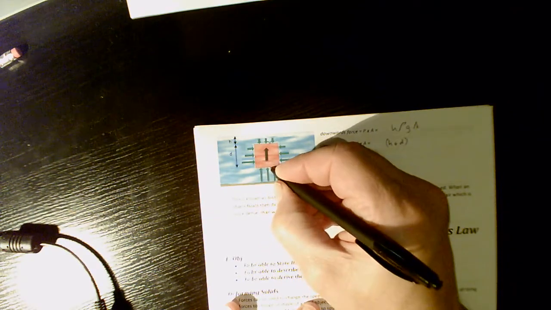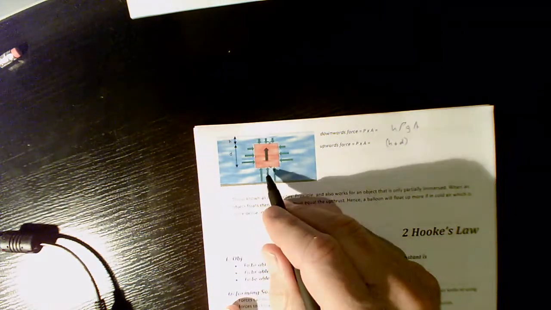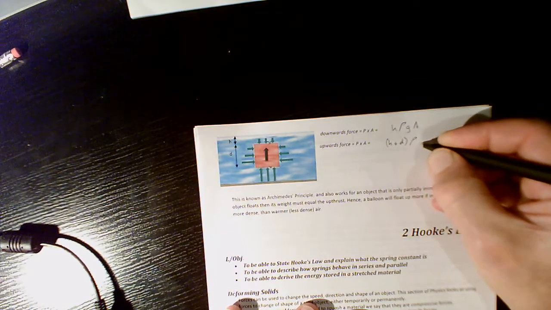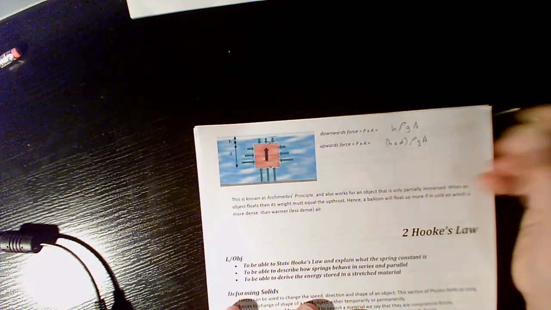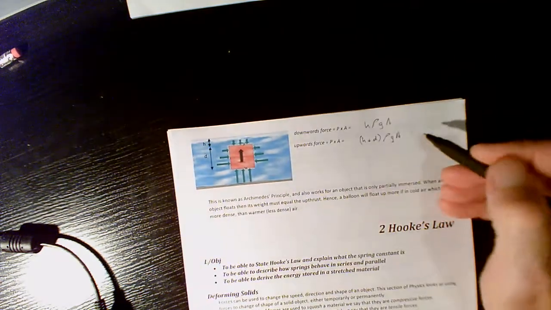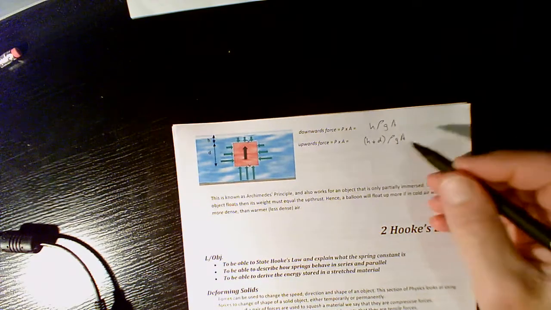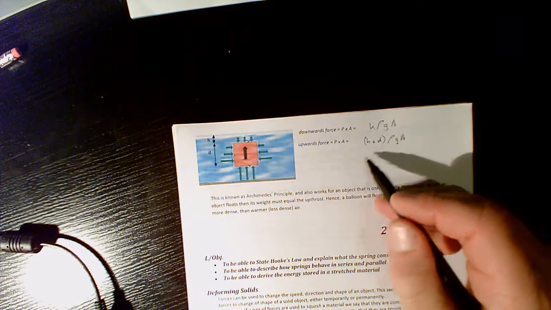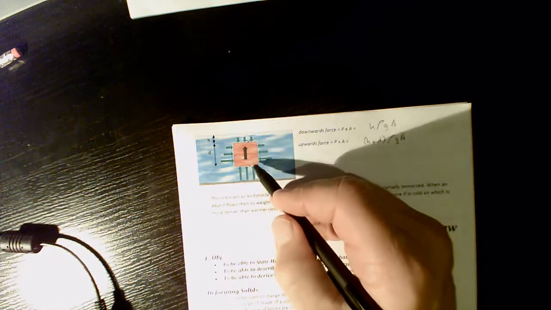We can ignore the ones on the side just to make it convenient. So if we're looking at the force on the bottom, the upwards force, then it's (h plus d) rho g A. If we want the difference between them, the upthrust will be the difference between those two forces.